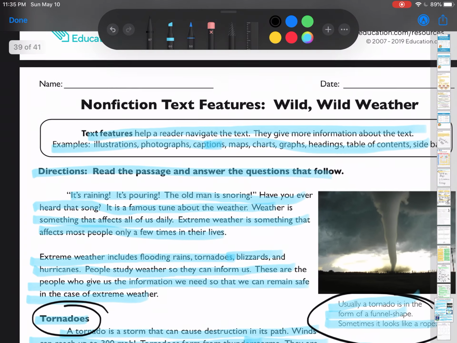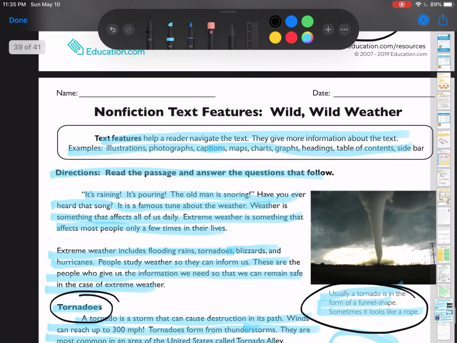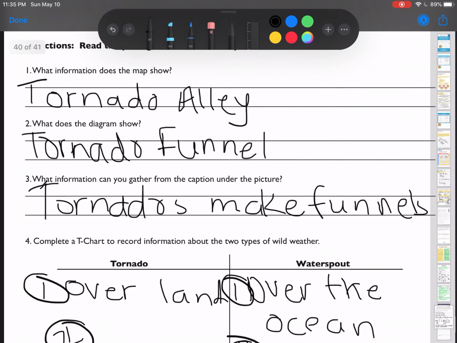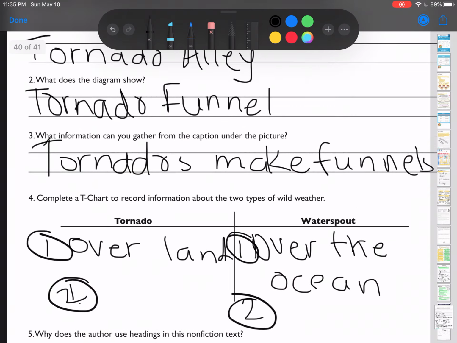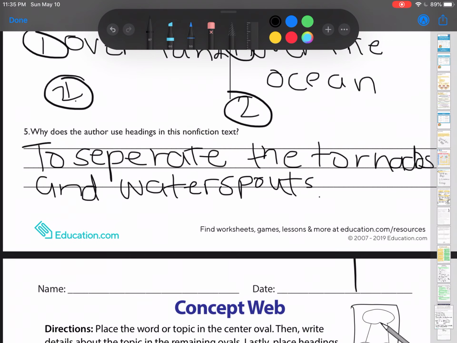It was about wild weather. Details about the topic.